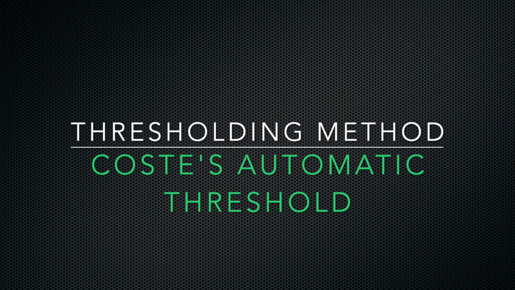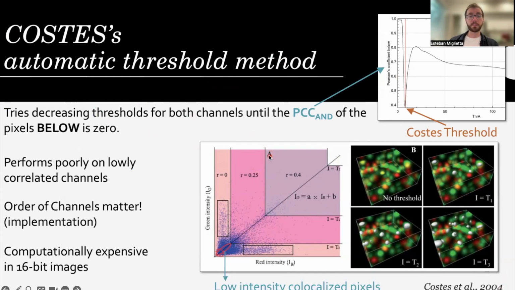Because thresholding in colocalization analysis is so important, in their 2004 paper, Costes proposed a method for calculating the threshold automatically for images. And this method implies trying or testing decreasing thresholds for both channels until the value of PCC for the whole image, of the pixels below the threshold, is 0.